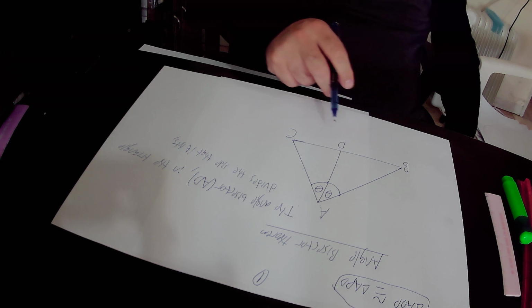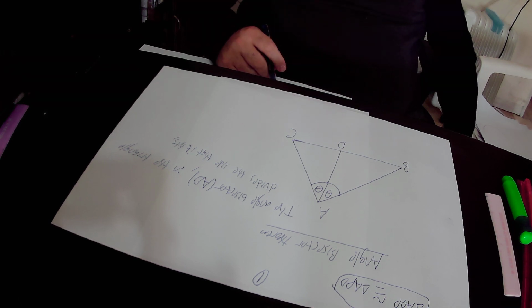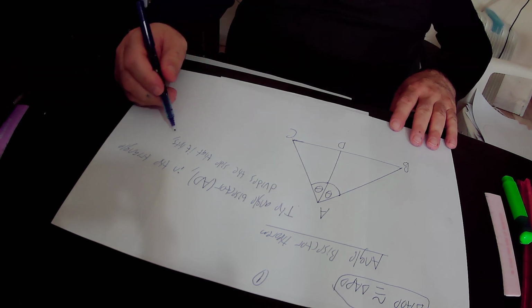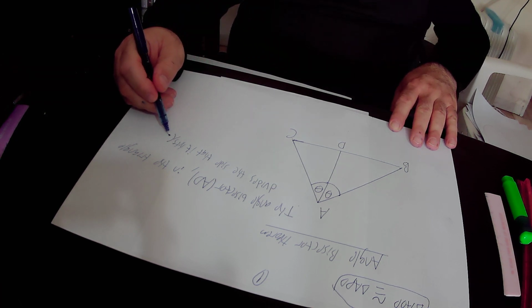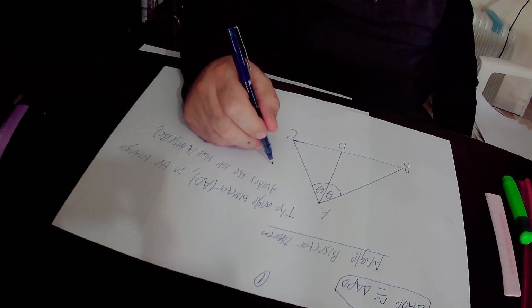The first part is BD, and the second part is DC. So the angle bisector AD divides side BC in a ratio.